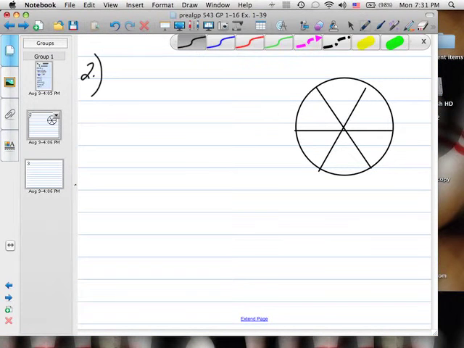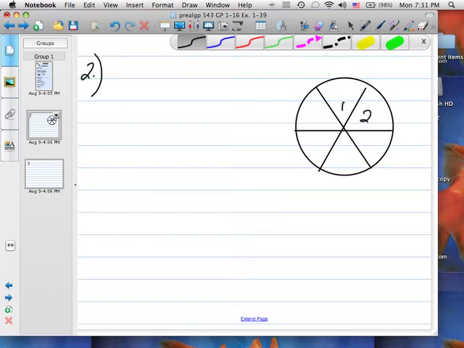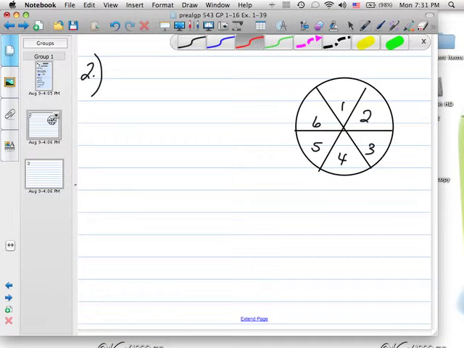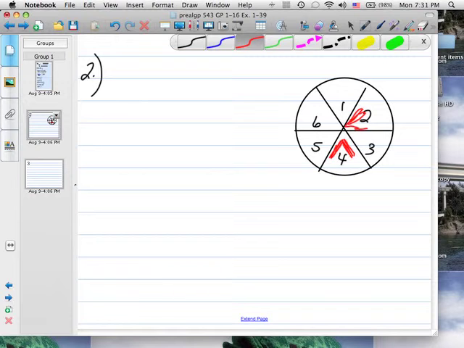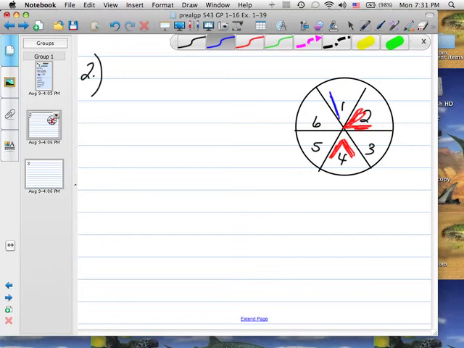So it has 6 sections numbered 1, 2, 3, 4, 5, and 6. And these 2 are red. This is blue. And the rest are white.